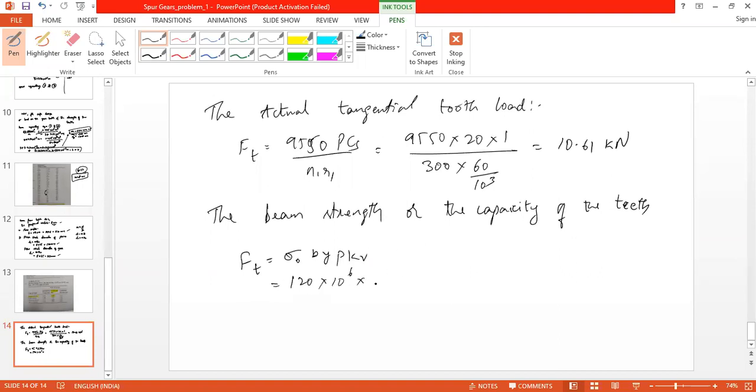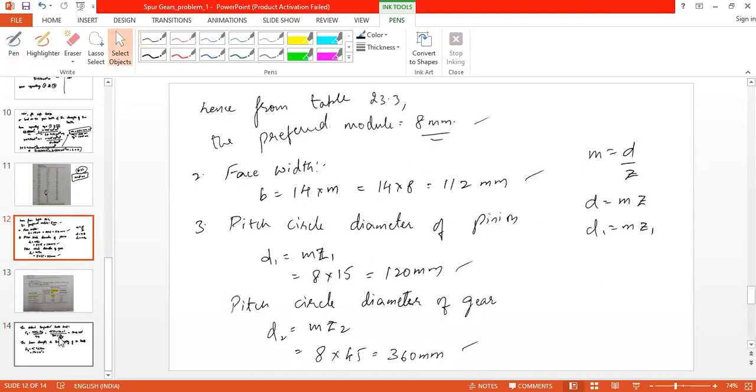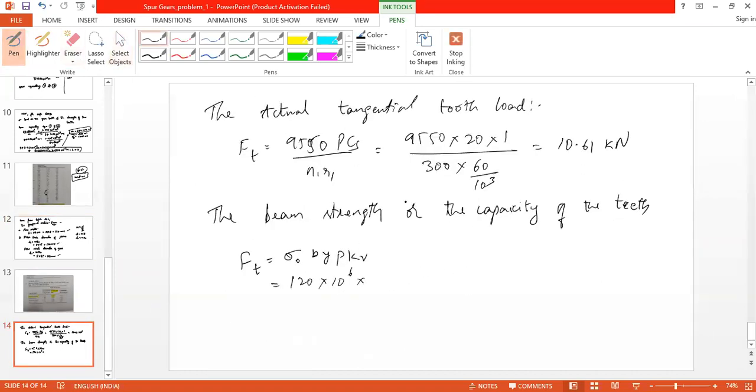And the face width B is 112, divided by 10 power 3, so we will get it in meters. And Y is 0.0932 and P is the circular pitch, that is 5 into 8, again divided by 10 power 3.